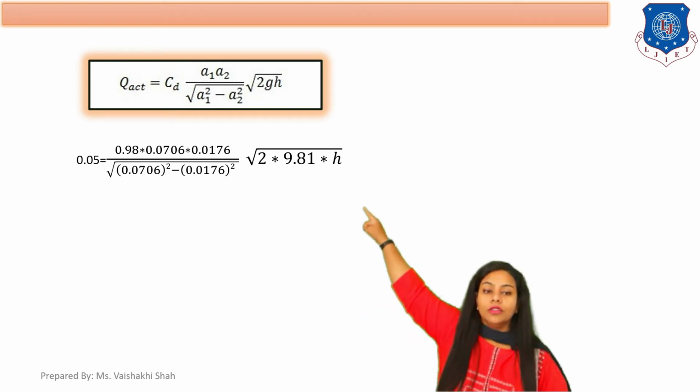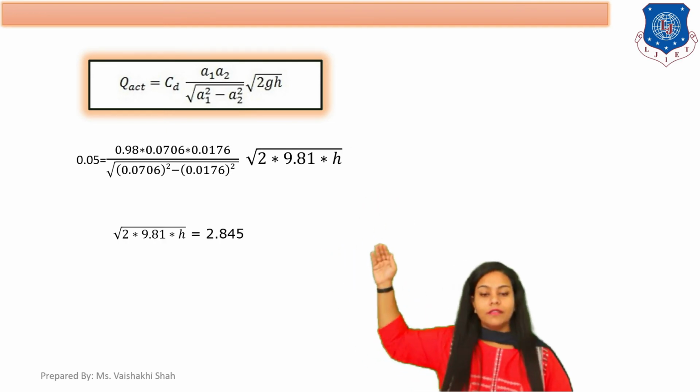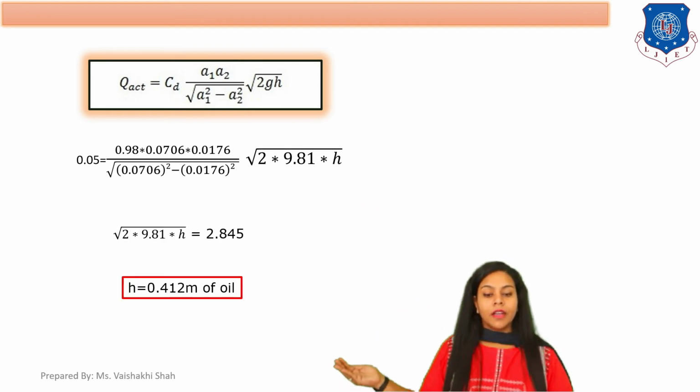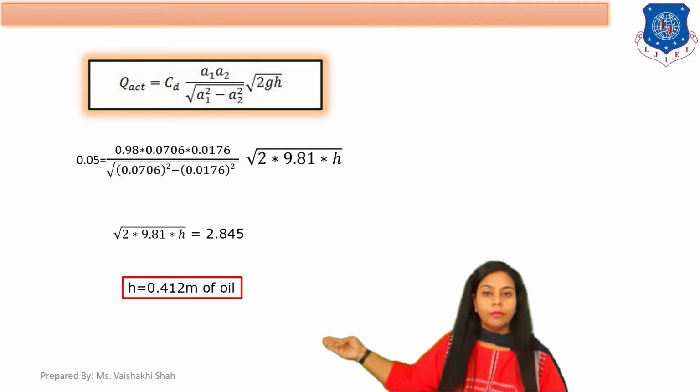Here the unknown is small h. By solving this equation in a calculator you can find h, which is 0.412 meter.